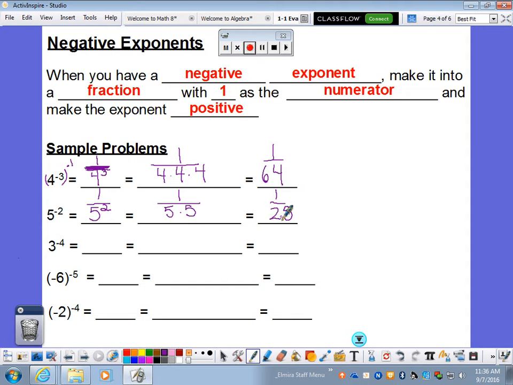Now, caution. Do not type this into your calculator, because if you do, it will give you the decimal equivalent of these answers. In other words, if you type 5 to the negative 2 into your calculator, it would give you 0.04.